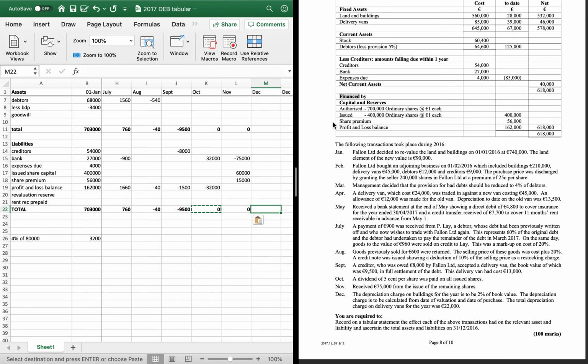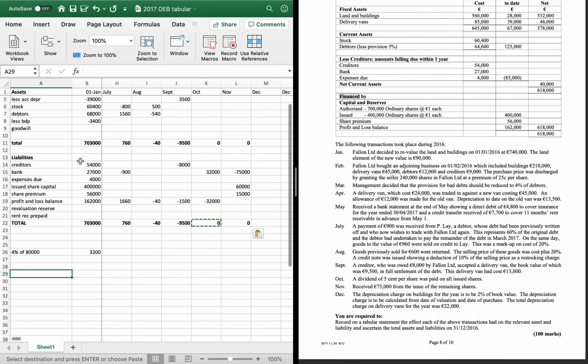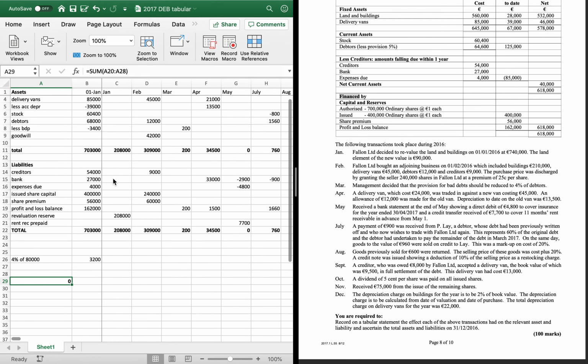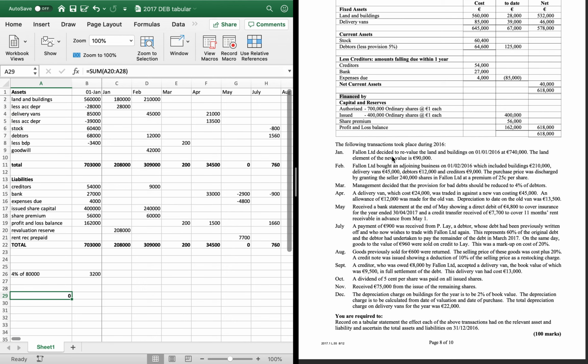So the depreciations first. The depreciation charge on buildings for the year is 2% of book value. The depreciation charge is calculated from date of valuation and date of purchase. So we go all the way back to our January working, and we revalued the land and buildings to 740.